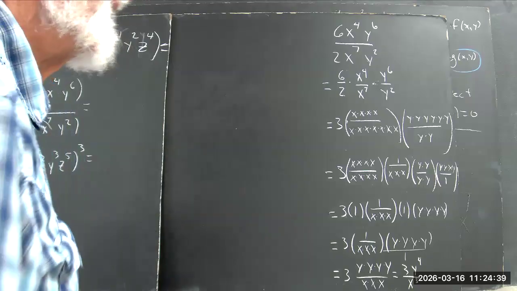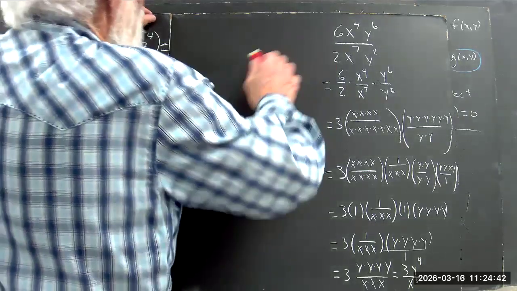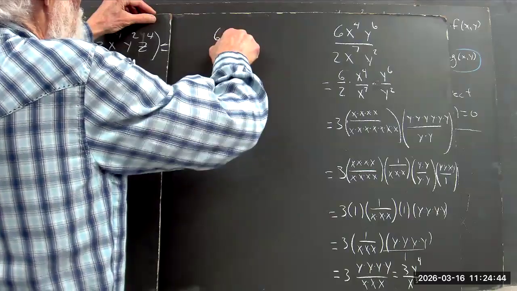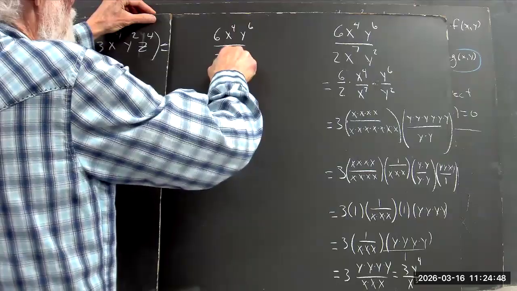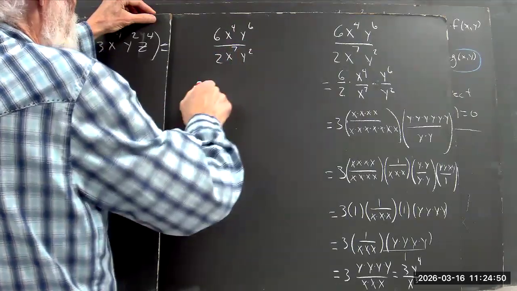Okay. Now, let's do it again. We have 6x to the 4th, y to the 6th, divided by 2x to the 7th, y squared.